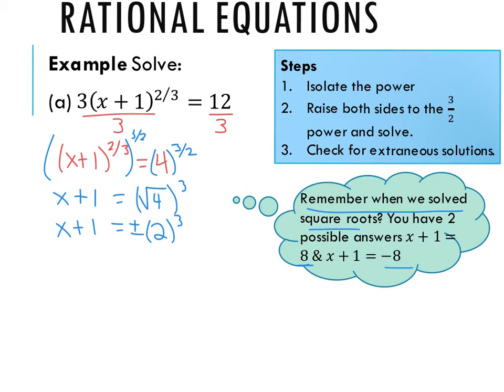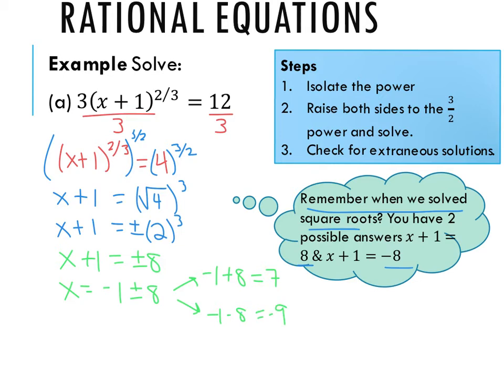Okay, and now all that's left for us to do is to solve for x. x plus 1 equals plus or minus 8, and then we subtract 1 on both sides. So x equals negative 1 plus or minus 8, and we break it off into two solutions. Negative 1 plus 8 is 7, and negative 1 minus 8 is negative 9.